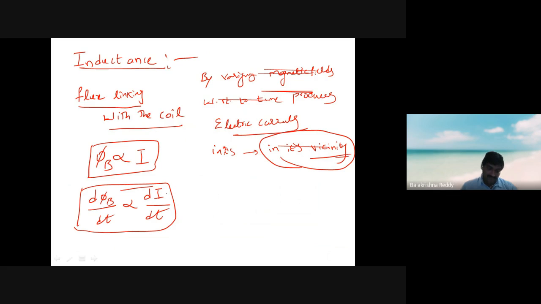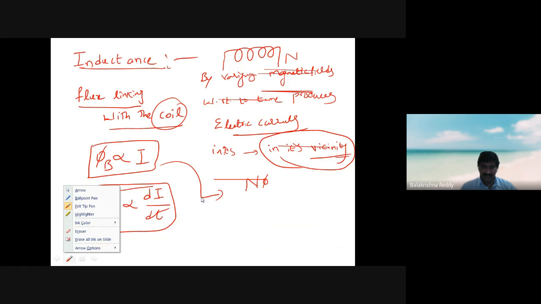Of course, if I remove the proportionality, let us say from this equation, a coil always has a number of turns like this. So as the number of turns increases, the amount of current also increases.